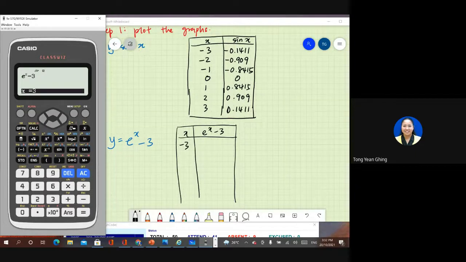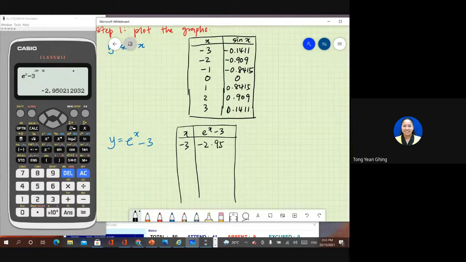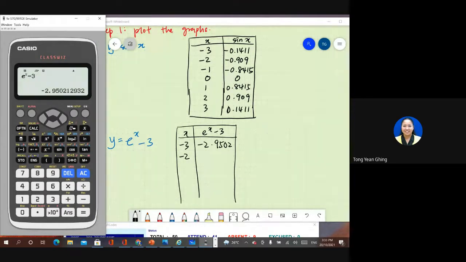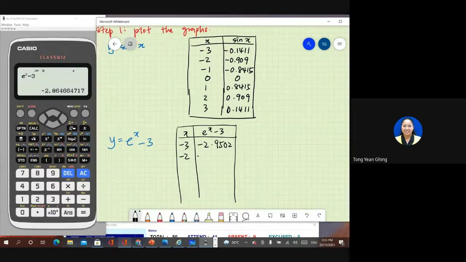Calculate negative 3, negative 2.9502. Negative 2, negative 2.8647.